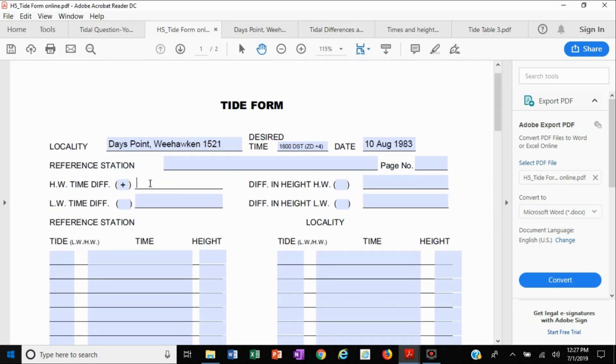So here is 0 hours and 24 minutes for the high water time difference. And this one is going to be 0 hours and 23 minutes for the low water time difference.